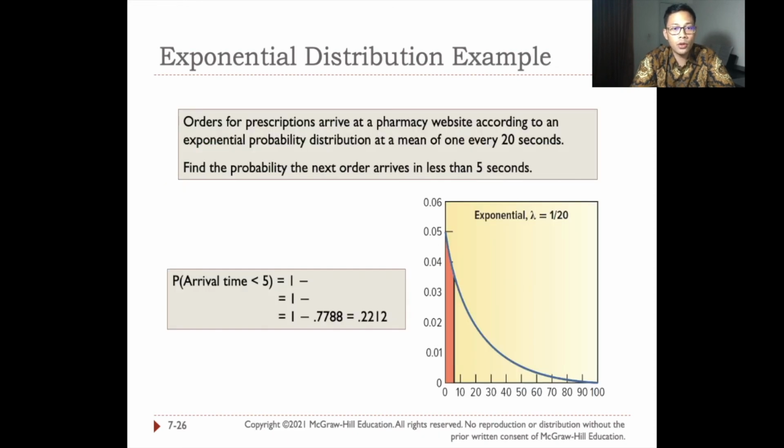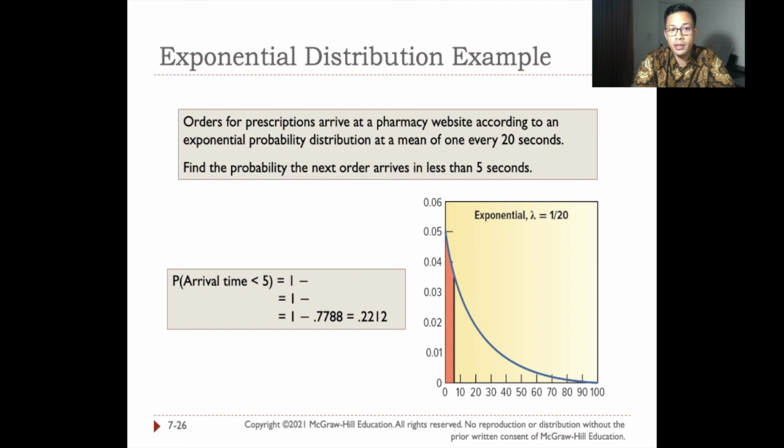All right, so let's take a look. The orders of prescriptions arrive at a pharmacy website according to an exponential probability distribution at a mean of 1 every 20 seconds. So basically here the rate parameter is lambda equals 1 over 20, or 1/20th. Now find the probability that the next order arrives in less than 5 seconds. So here x is equal to 5.